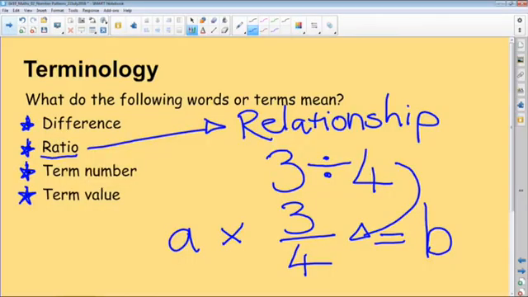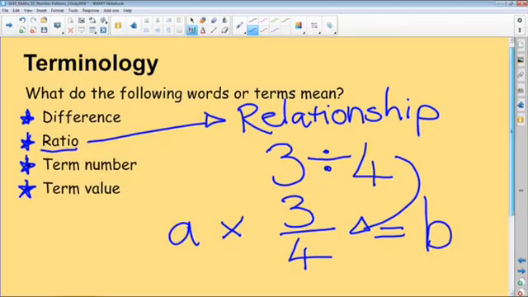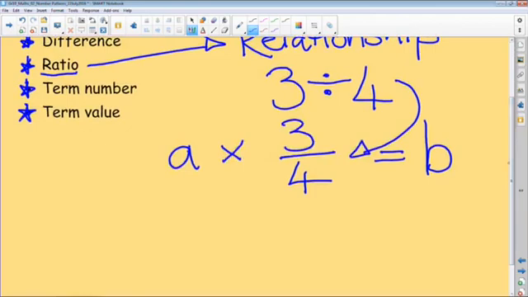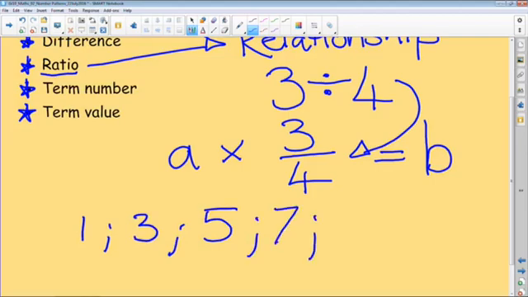A term number. Now, if we have a sequence of numbers, let's say the number pattern is 1, 3, 5. Can you guess what the next one is? I hope you said 7. We would talk about these positions as term numbers.